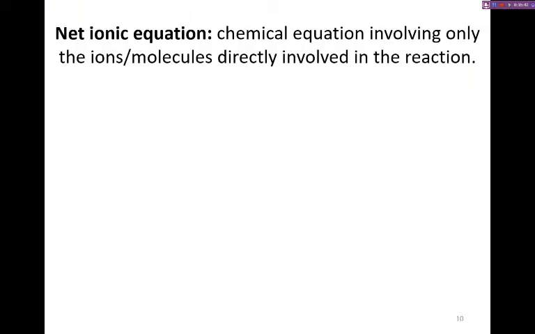Now, how would we represent those types of reactions? We use what's called molecular, full ionic, and net ionic equations. And the net ionic equation is the kind that only shows the chemicals that are directly involved in the reaction. Or in other words, this tells us about our driving force.